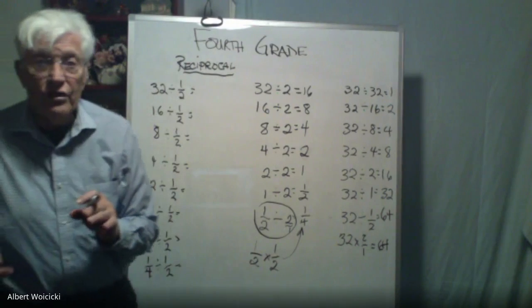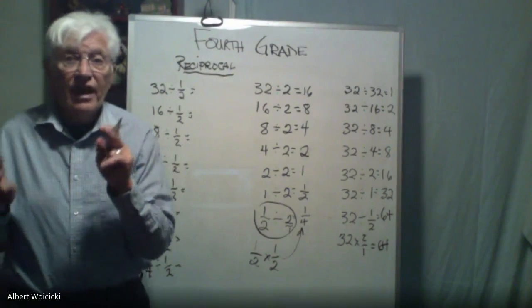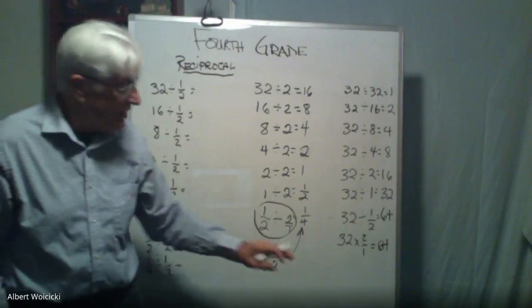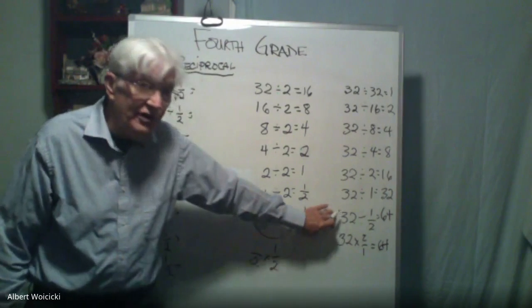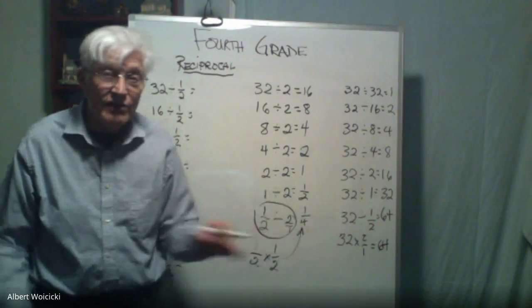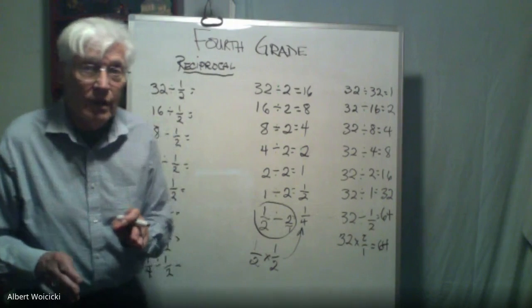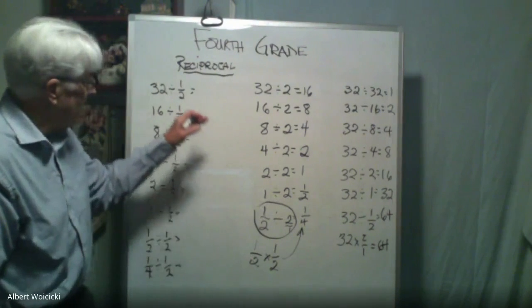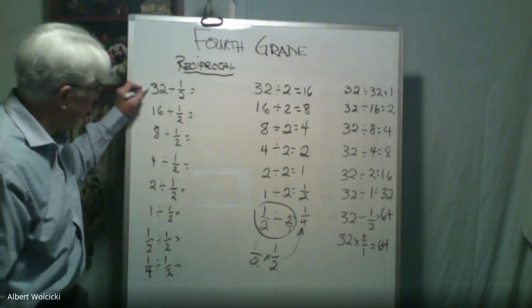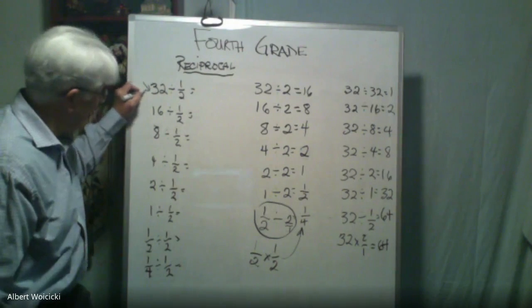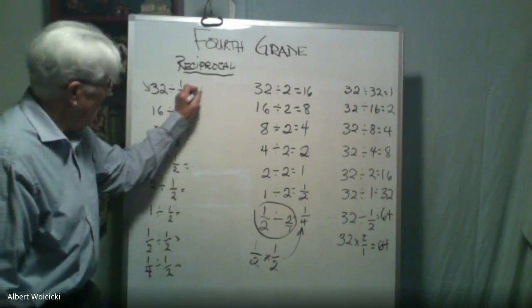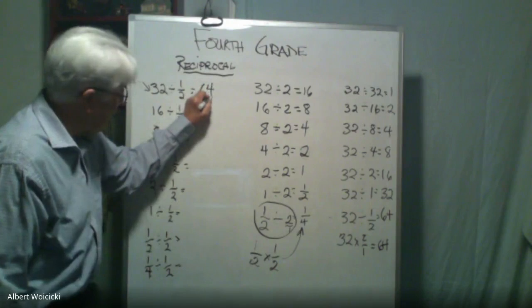Now, folks, let's take a look at that last piece again. We had 32 divided by a half, and we said it was 64.